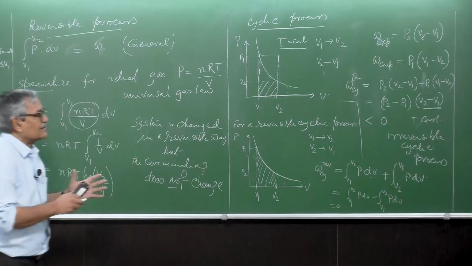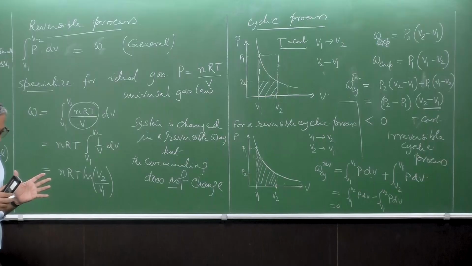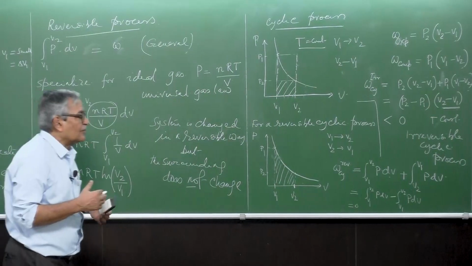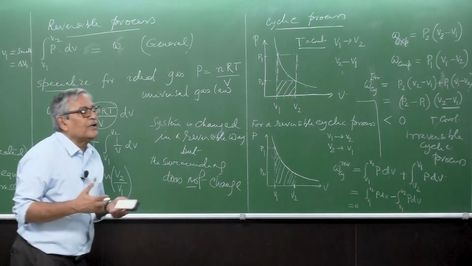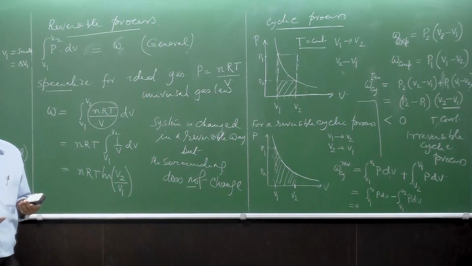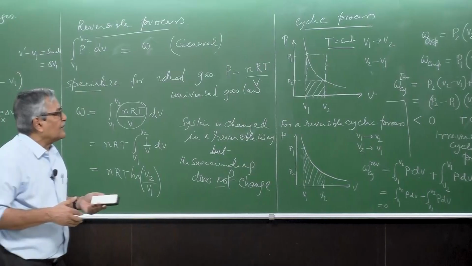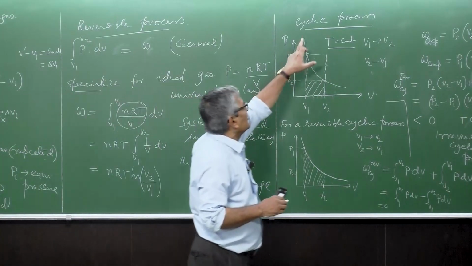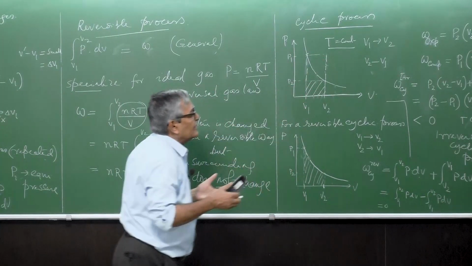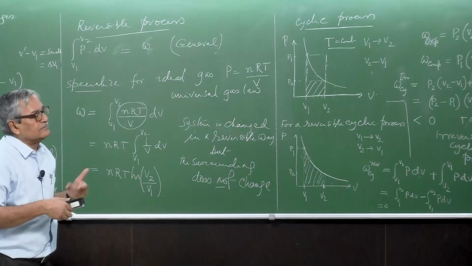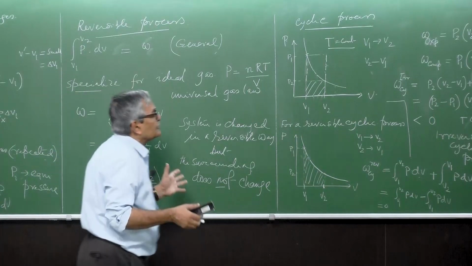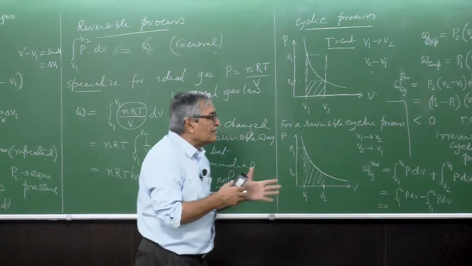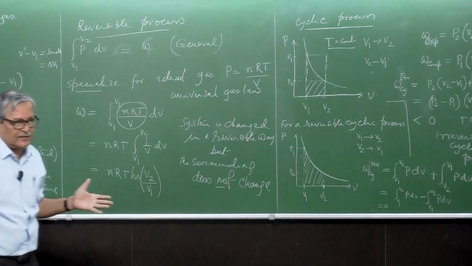So what we want to emphasize is that work is something that depends on the way we carry out the work of expansion or work of compression. And a cyclic process, either reversible or irreversible, can be carried out in infinitely different ways.